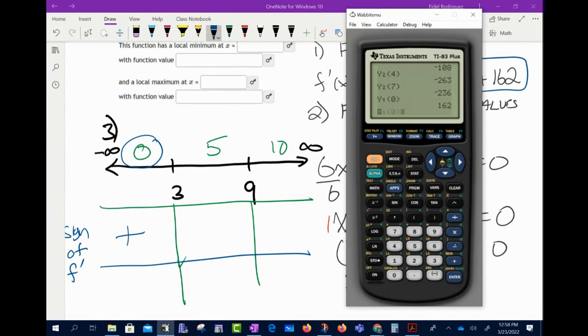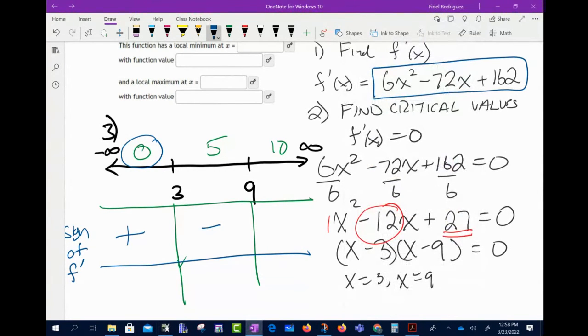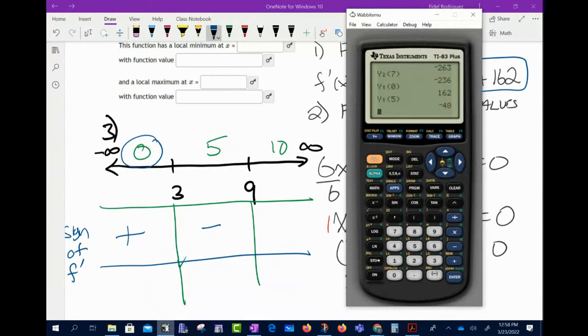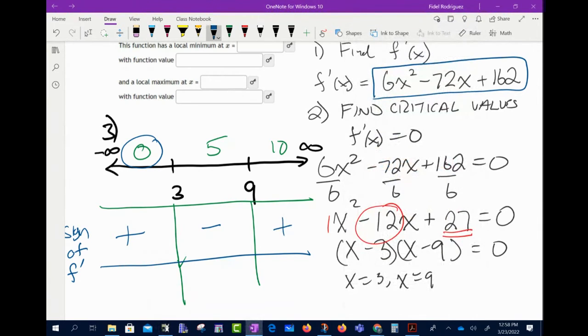Let's do the same thing, but let's evaluate it at 5. When evaluated at 5, all I'm interested in is the sign. Oh, it's negative. And then we're going to do the same thing again, and we're going to evaluate it at what value? 10, right? And it should be positive. Yes, it is. Okay.